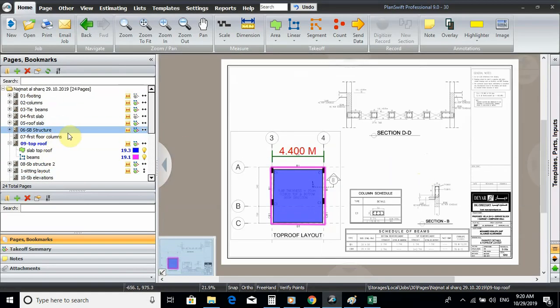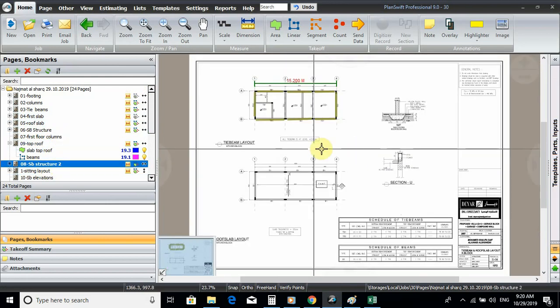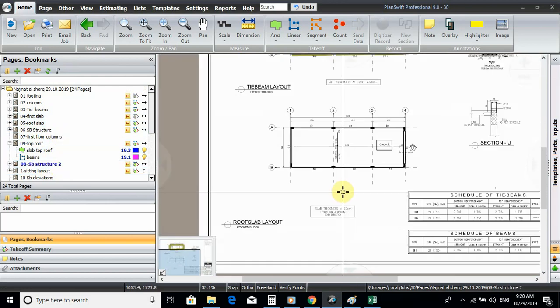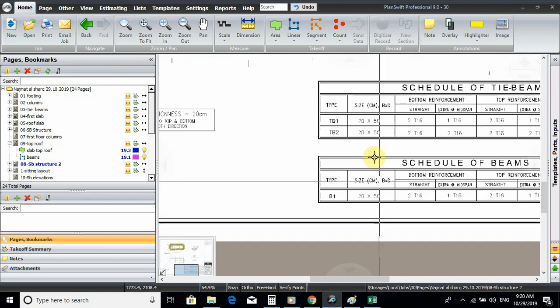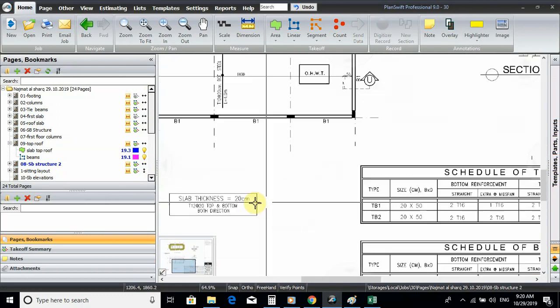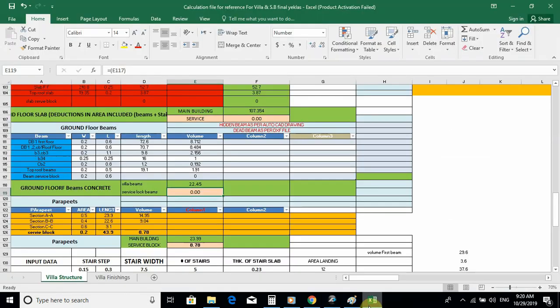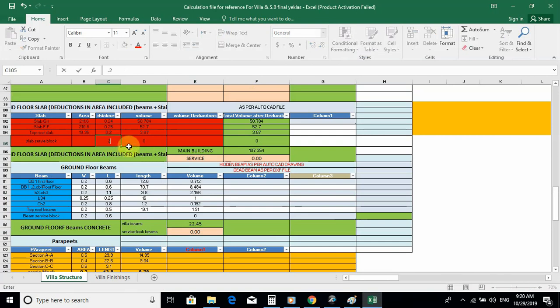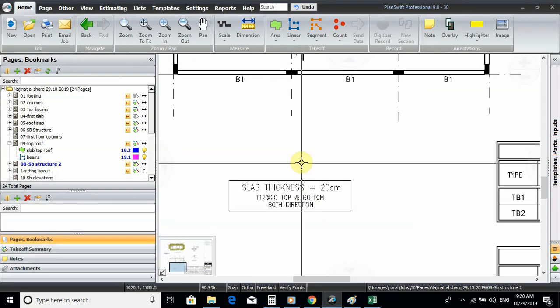Let's go to the service block. Very easy, straightforward. 0.250, and the slab thickness is 20. So here the slab thickness. I'm just preparing randomly, playing around and preparing at the same time. You save each step, you save time.